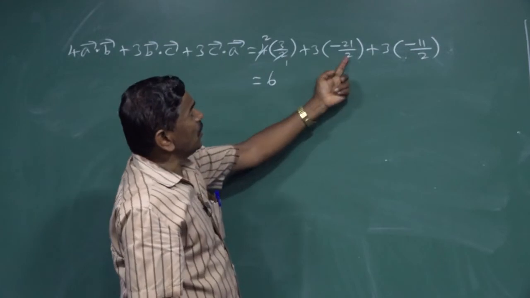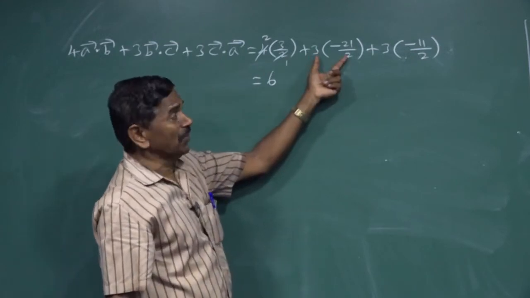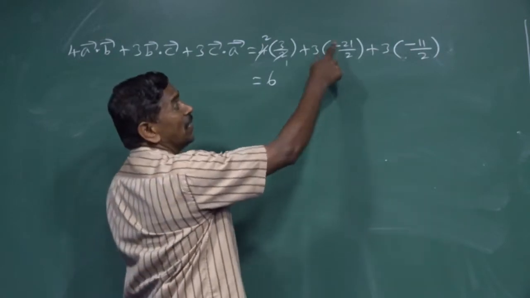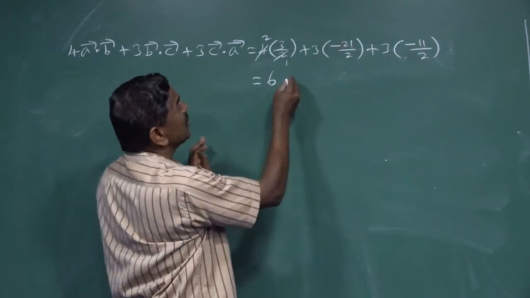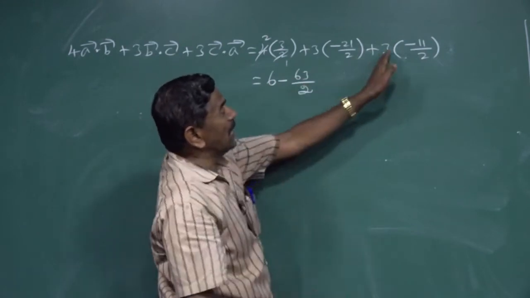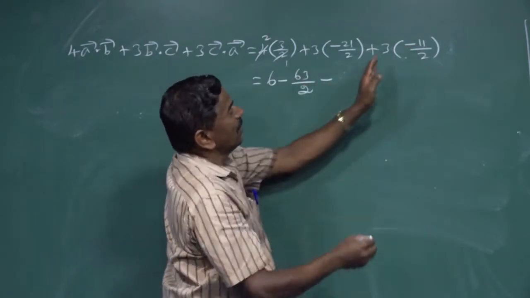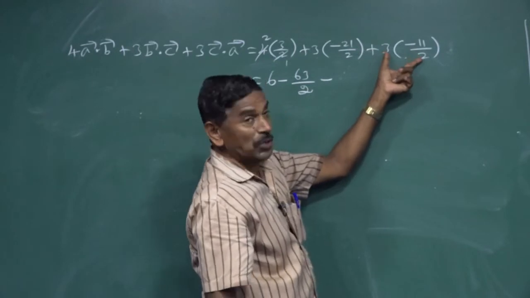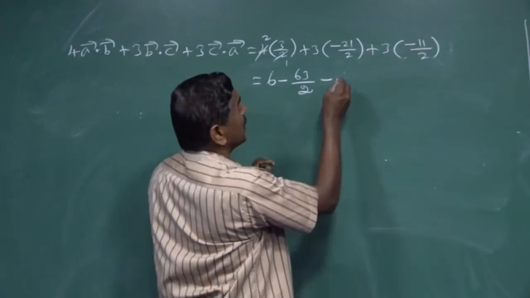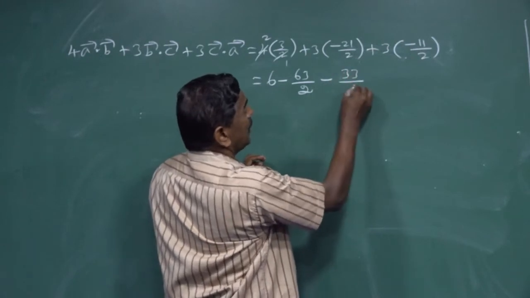Next, here 2 and 3, we can't cancel, so just multiply. Plus into minus is minus. 3 into 21 is minus 63, so minus 63 by 2. Plus into minus is minus. 3 by 2, so we can't cancel. So 3 11s are 33, that is minus 33 by 2.